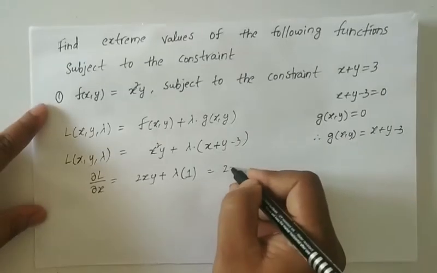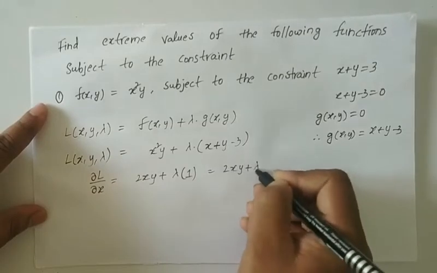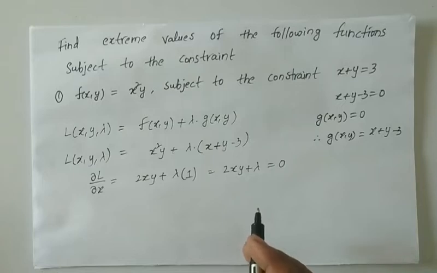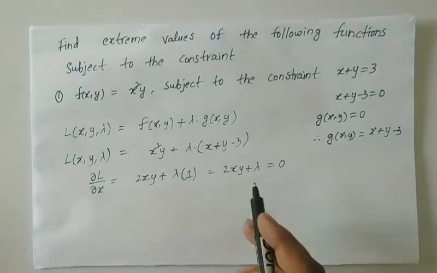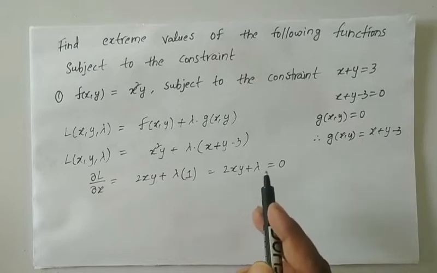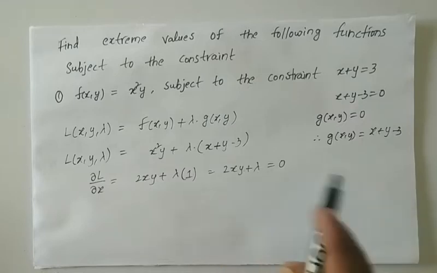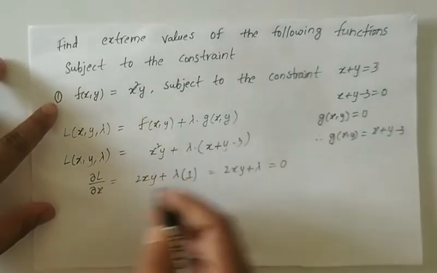This is 2xy plus lambda, equal to 0. We set each partial derivative equal to 0.